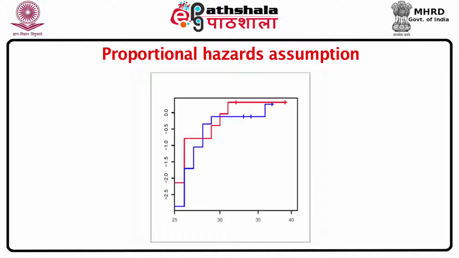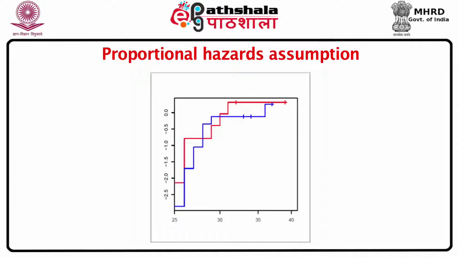Now, when we model this hazard function, a very common assumption is that hazards are proportional. This means that if we compare two individuals in terms of their hazard function at a fixed time t, and the covariate values for these two individuals are x1 and x2, then the difference in hazard should always be proportional to the difference in their covariate values.